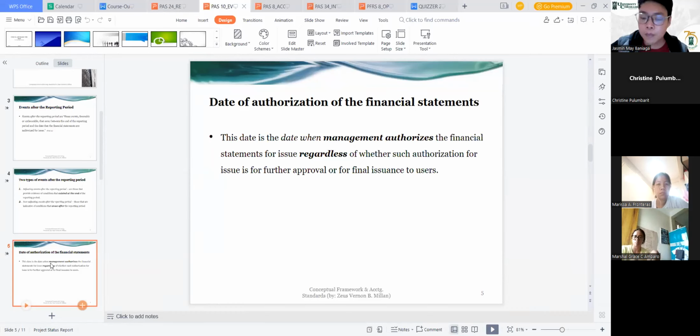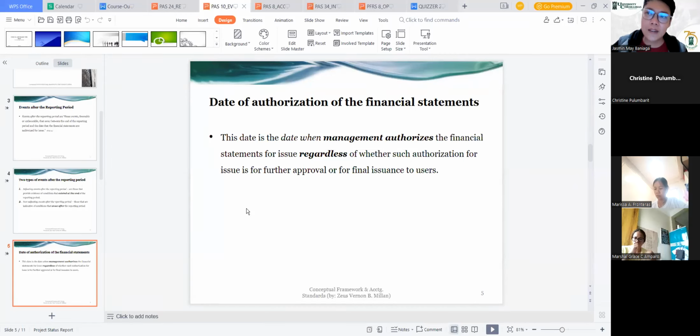Basically, this is the date when management authorizes the FS for issue, regardless of whether such authorization is for further approval or for final issuance to users. Typically, it is 3 months after the current reporting period. So it might vary. It might depend on the entity's nature or practice.